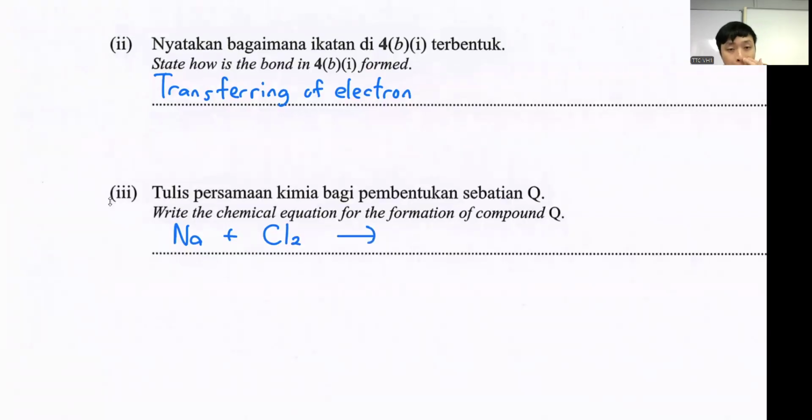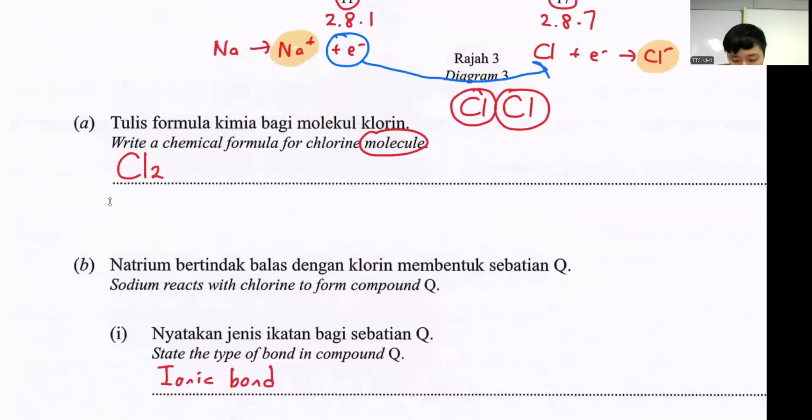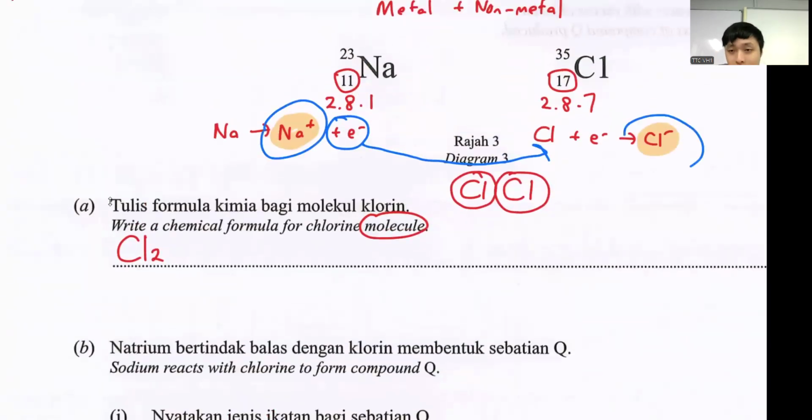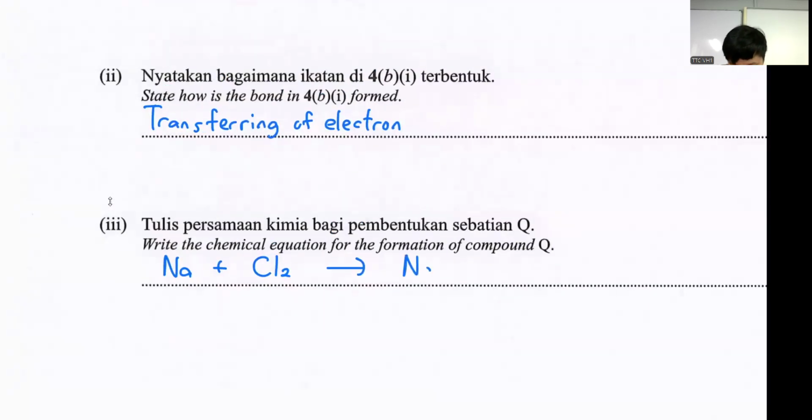Normally if people forget this 2, this is the common mistake. Na plus Cl2 gives your kitchen salt, which I just told you, NaCl, because the charges are Na plus and Cl minus.